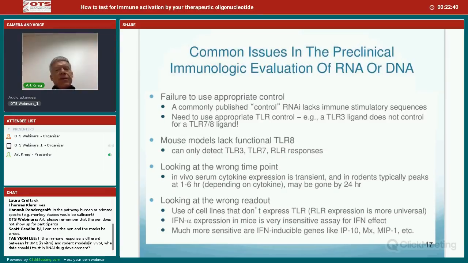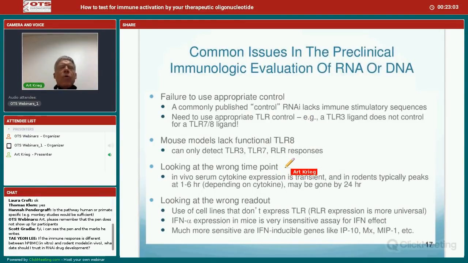And I'm sure what happened is people just screened different controls and they found one control that gave results that they liked, and that's the one they use. You need to use a positive control in order to make sure that you can detect that. And it should be an appropriate TLR control, as I mentioned here. The mouse model is lacking functional TLR8, I mentioned already.